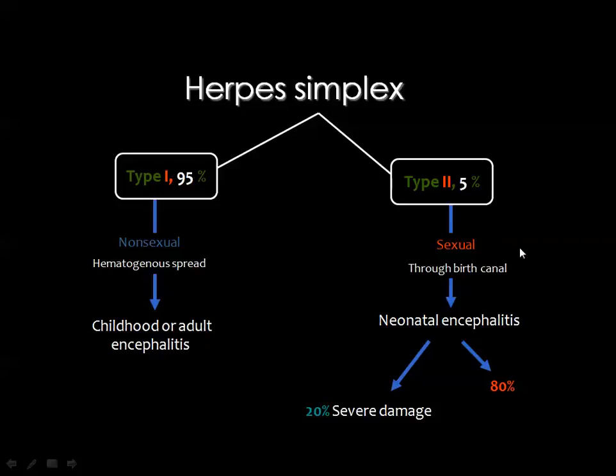And the more severe one, which is sexually transmitted, is rare and is transmitted through the birth canal, and will result in neonatal encephalitis, and this will result in about 80% death of the neonate. And if the neonate survives, 20% will suffer severe damage.